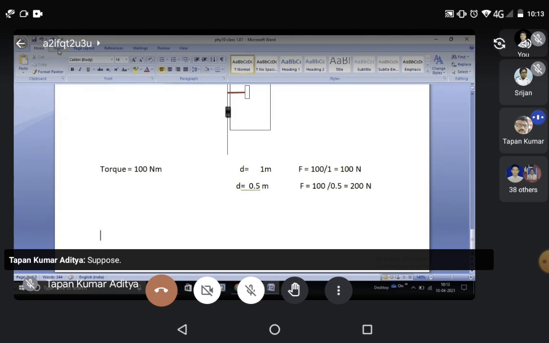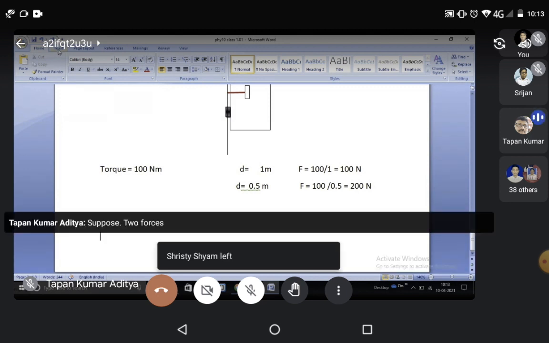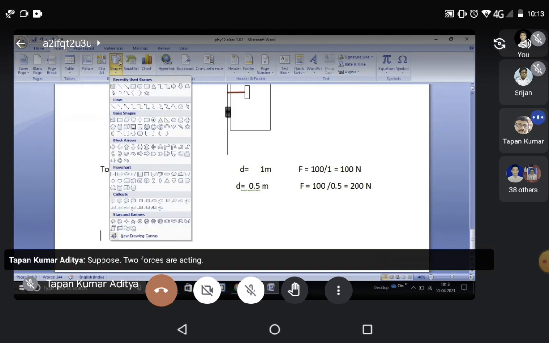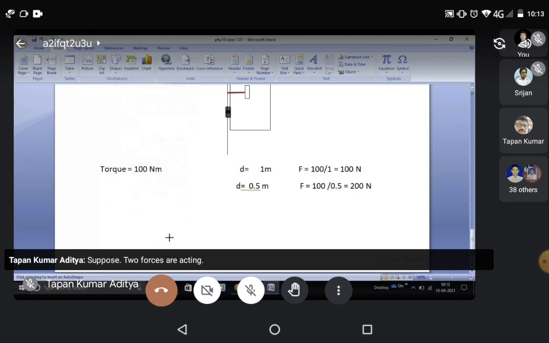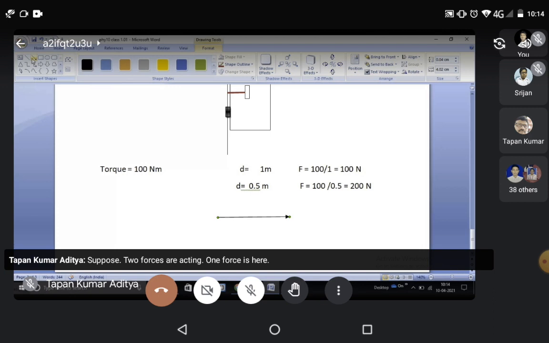Suppose two forces are acting. One force is here, another force is here. And the bar I'm giving you like this.